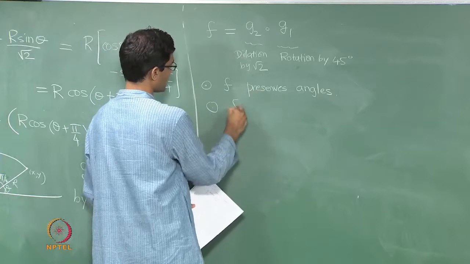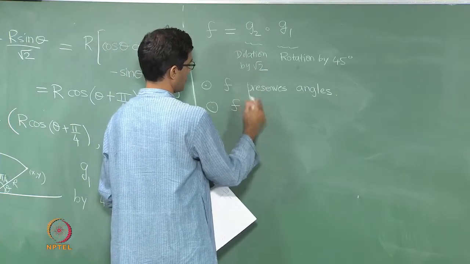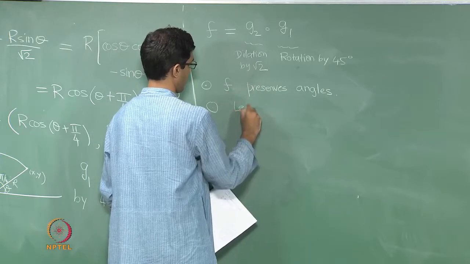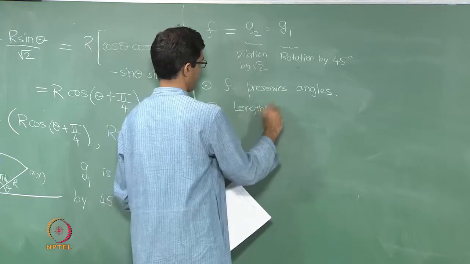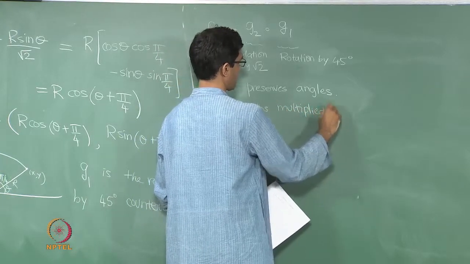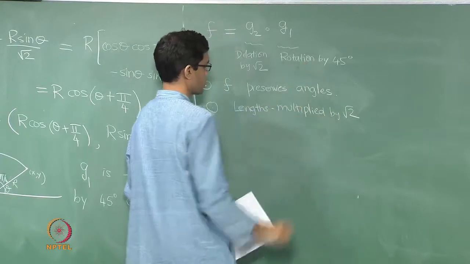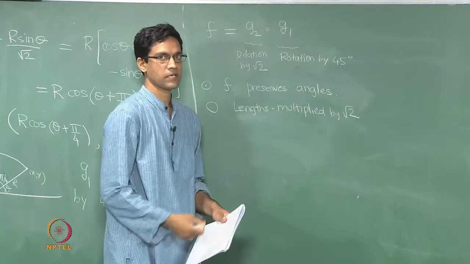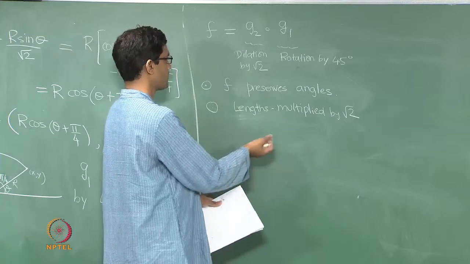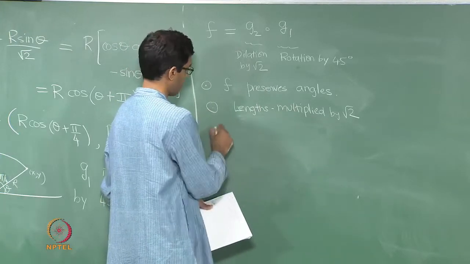What does f do to lengths? f dilates lengths by a factor of root 2. So, lengths are multiplied by a factor of root 2. Again, why is that? Because a rotation does nothing to lengths, it preserves lengths, keeps lengths the same, whereas when you follow it up with the dilation, the length will become multiplied by square root 2.